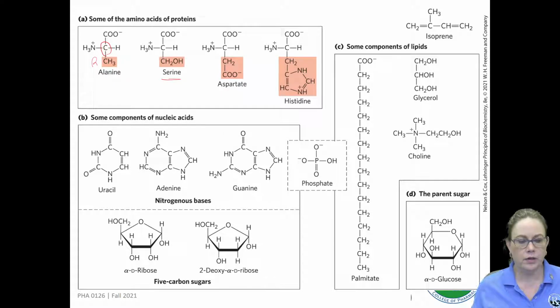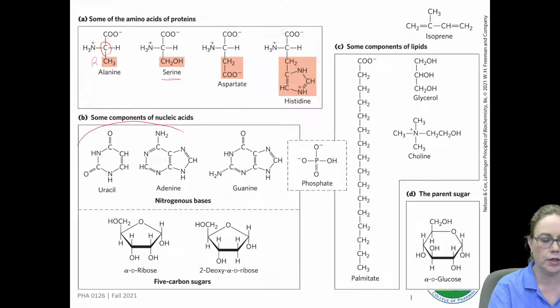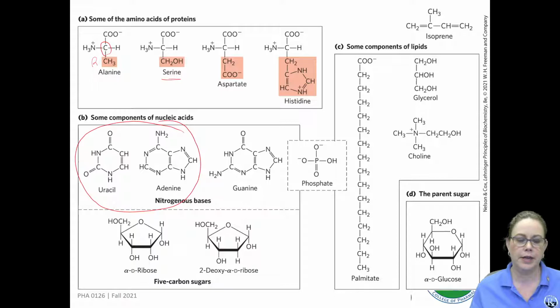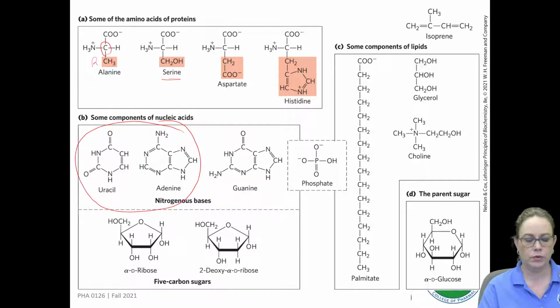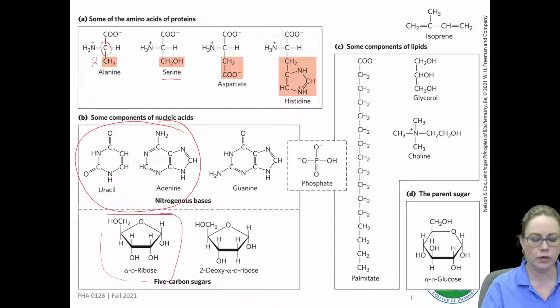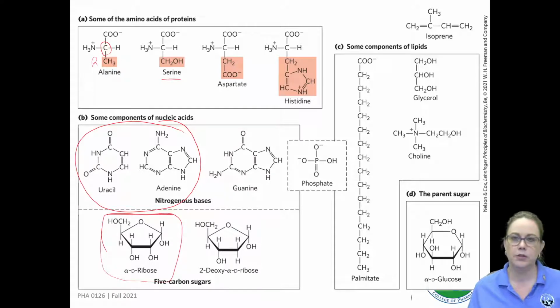Within our nucleic acid components, we'll be looking at two of these, the structures of uracil and adenine, and these will be bound to one of the ribose 5-carbon sugars. So we'll look at that in just a moment.